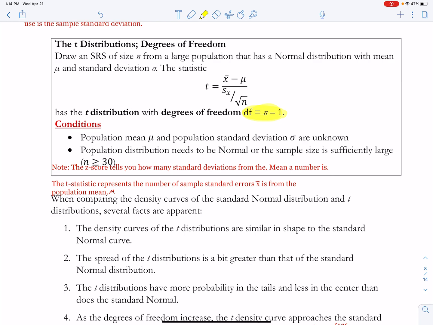But it says, note, the z-score tells you how many standard deviations from the mean a number is. And then the t-statistic represents the number of sample standard deviation errors x bar is from the population mean, mu.